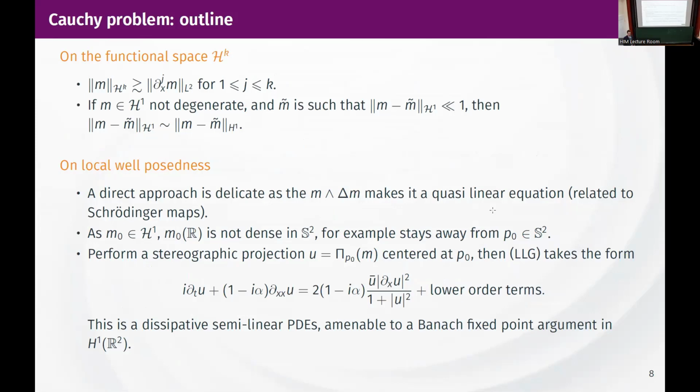So in fact, you control everything except for m1 without derivative, but you control m1, the derivative of m1 as well, with the curly H. The other point is that if you are looking around one specific magnetization which satisfies some non-degeneracy condition, and the domain wall does satisfy the condition, if you look at a small neighborhood in curly H^1, then it's exactly an H^1 neighborhood.